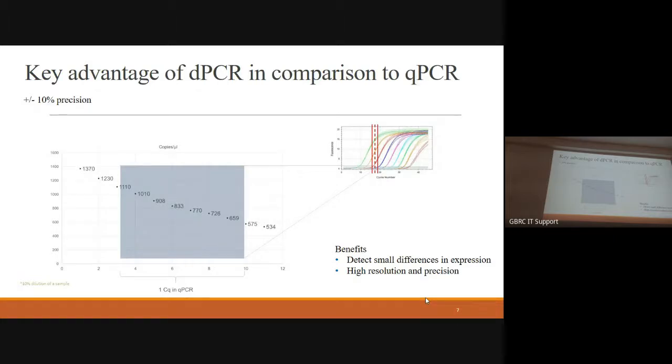But here, over the one cycle threshold, you have this many points where you can detect small changes. Suppose this is one cycle threshold from the real-time PCR, but here it is a very minute difference in the copies, and you can still detect it. So it is a very dynamic range for the detection.